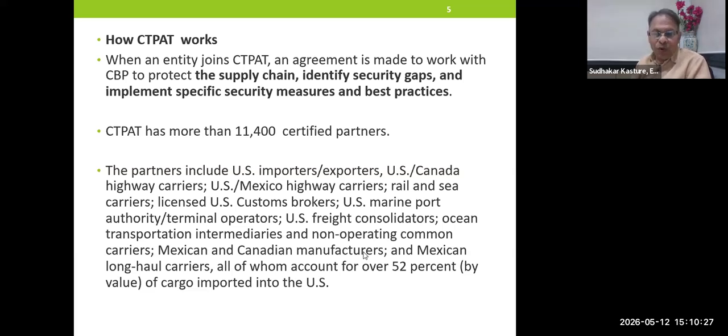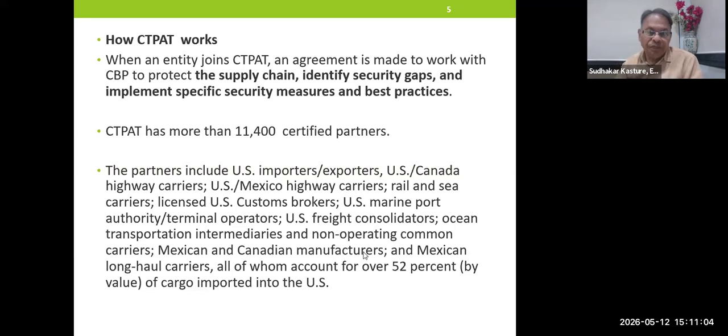They include US importers, exporters, US and Canada highway carriers, US Mexico highway carriers, rail and sea carriers, customs brokers, marine port authorities, terminal operators, freight consolidators, ocean transportation intermediaries and non-operating common carriers, Mexican and Canadian manufacturers, and Mexican long-haul carriers, all of whom account for over 52% by value of cargo imported into the US. Why did Canada and Mexico join together?